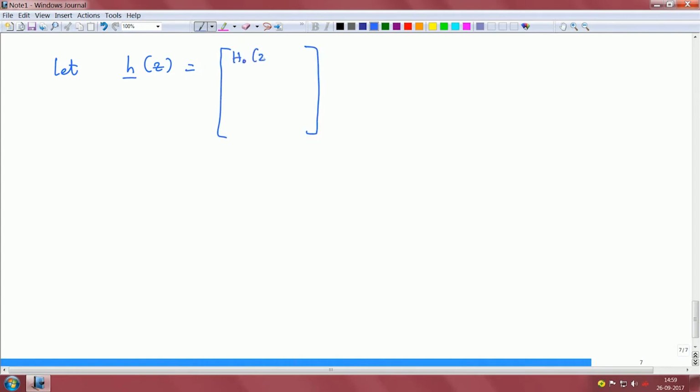This is H naught of z, H1 of z, dot dot dot H m minus 1 of z. This is a column vector. Similarly, we have F of z is a stack of the transposed synthesis filters.